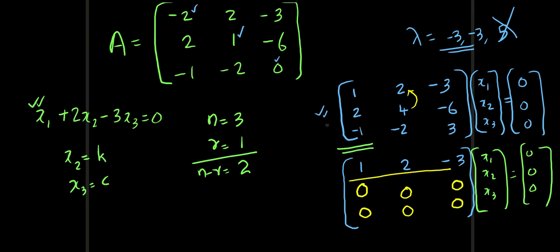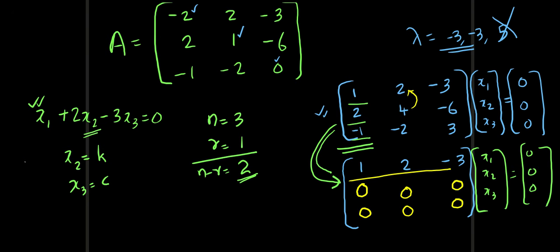I'll repeat once more. We are solving a homogeneous system, and the first thing to do is reduce it into echelon form so that we know the truth. Because if you look at this system, we feel as if there are 3 equations. But when you reduce it into echelon form, we understand there is only one linearly independent equation, but there are 3 unknowns. So n minus r is equal to 2, and we are allowed to assign arbitrary constants for 2 variables.